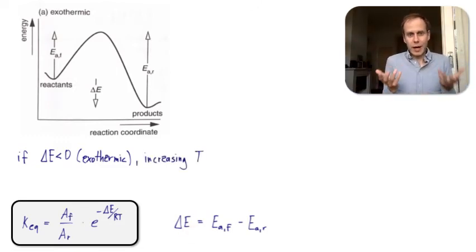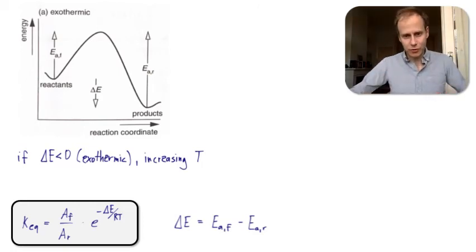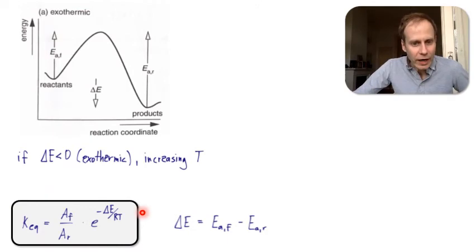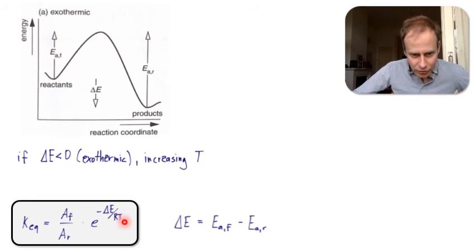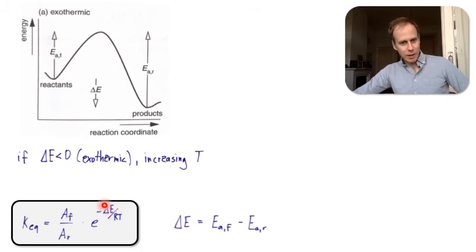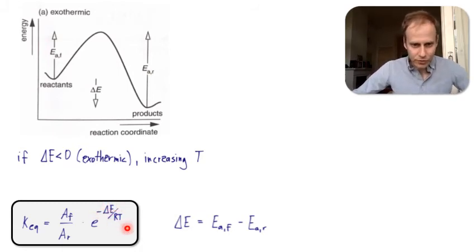So now what happens if we increase the temperature, right? Looking at this equation that we derived by combining the Arrhenius equation for the forward and the reverse reaction. So increasing the temperature in the denominator for an exothermic reaction, right? Delta E is now negative. So the negative and the negative become positive. So this whole exponent is now positive.